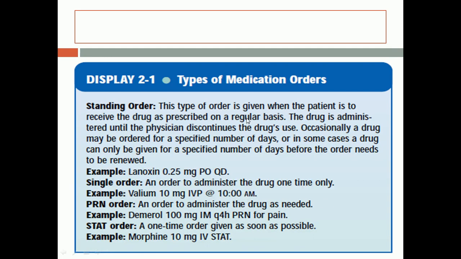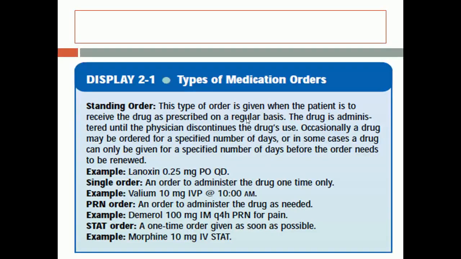So what is the medication order? What are the types of prescription? There are two types of patients. Number one, outdoor patients, and number two, indoor patients. Outdoor patients are those patients who come to the hospital, get their examination done, take a prescription, and go away to the pharmacy, take their medicine at home.